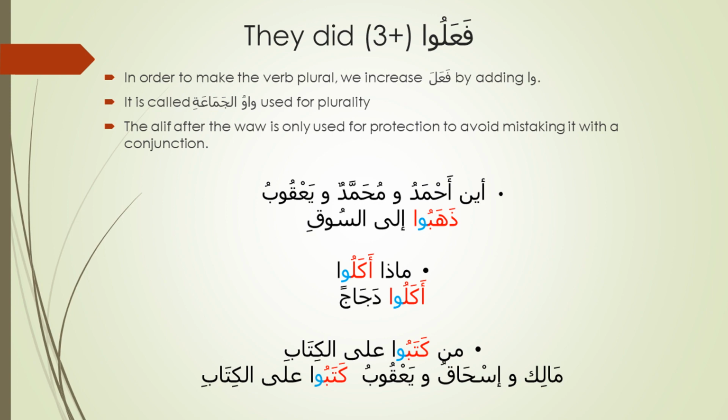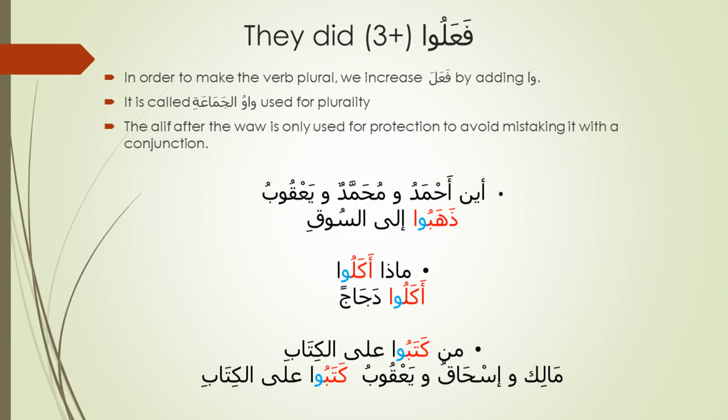Making the waw clear. Fa'alu. Okay? So we get fa'ala and we add a waw and an alif. This waw is called waw al-jama'a. Waw of plurality, a group. Jama'a, like what we say, salat al-jama'a. A group. Waw al-jama'a.